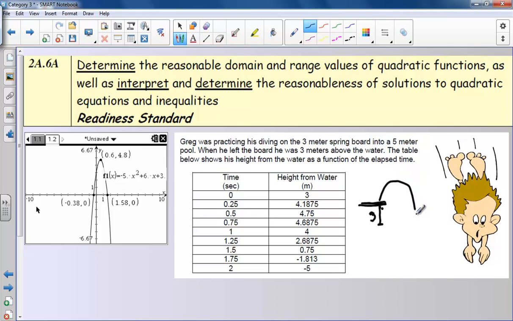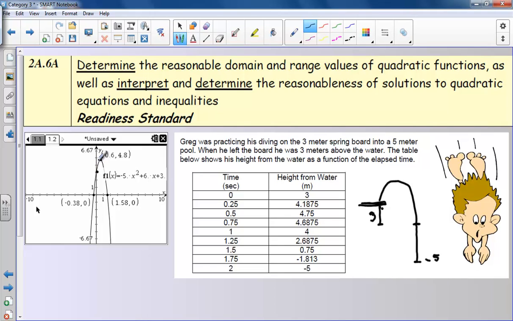He's going to hit a maximum point somewhere up there. He's going to hit water level and go down below water level to 5 feet below the water. So he's going to end up 5 feet below. Right in here somewhere is where he hits the water. This is his 0. So this is what I've found over here on our graph. Here's his beginning point, right here at 3.